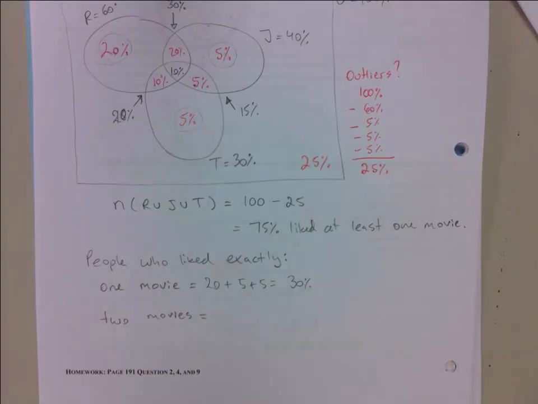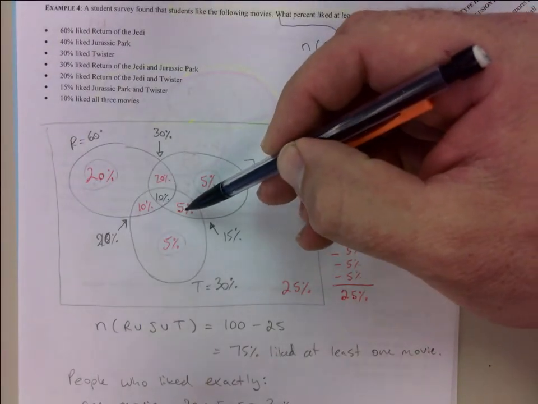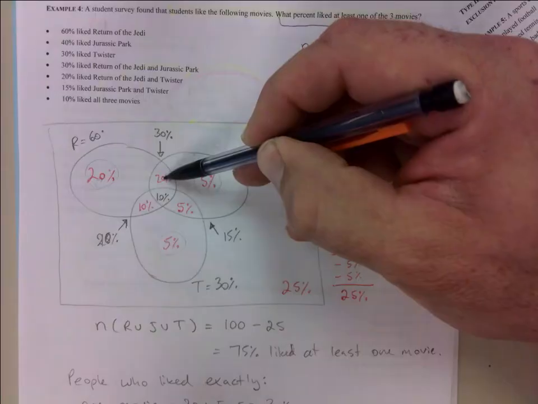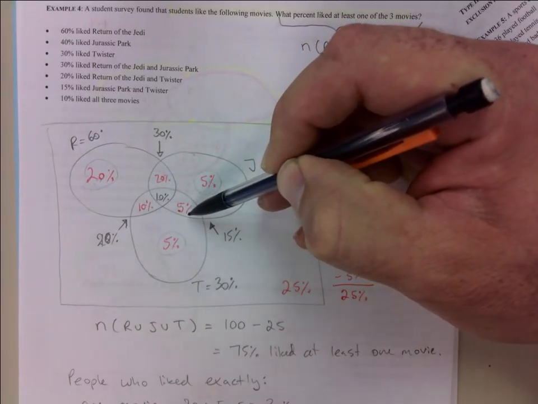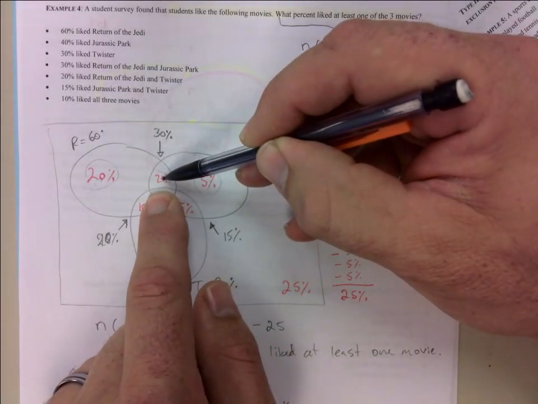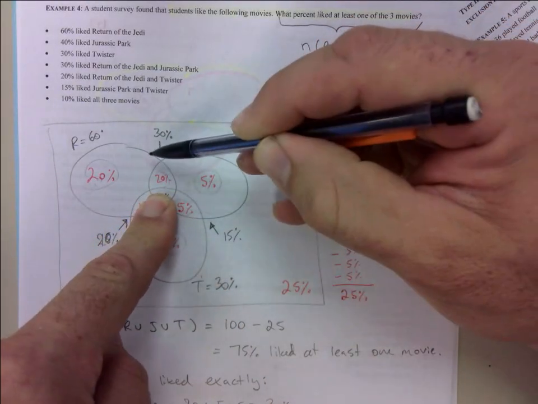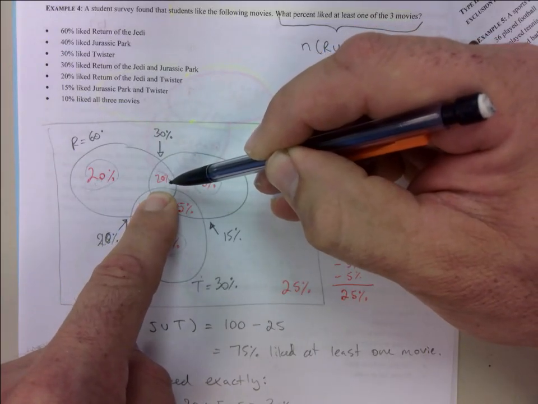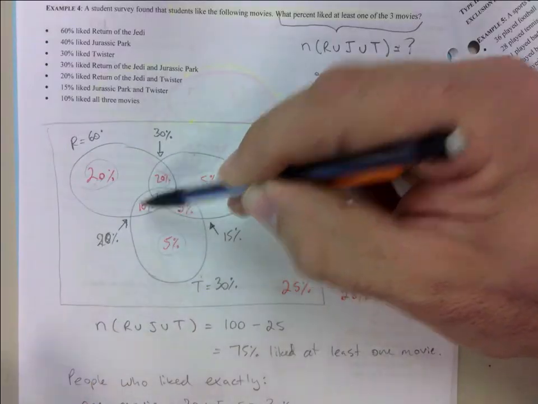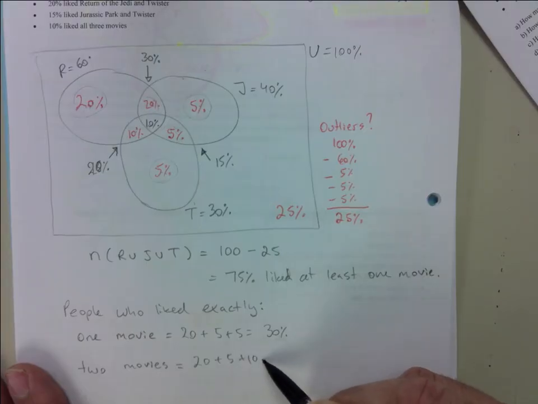How many liked exactly 2 movies? Where would you go for that? If it's exactly 2 movies, then it's 5, 20, and 10. If it's exactly 2, right? So this, because these 20 like this and this, but they do not like Twister. Okay, that's what these 20 are representing. So they liked exactly 2. So we got to add up 20, 5, and 10. That's 35.